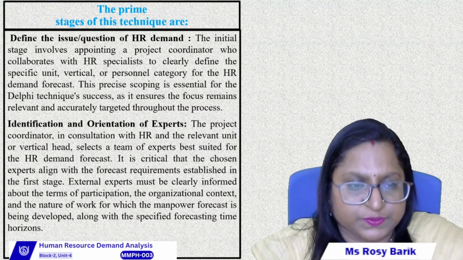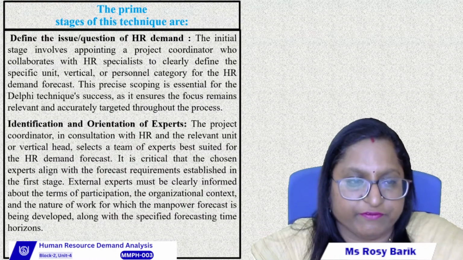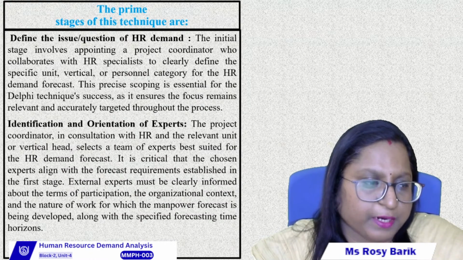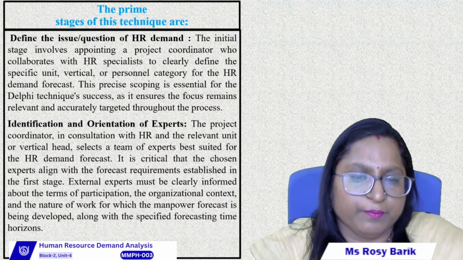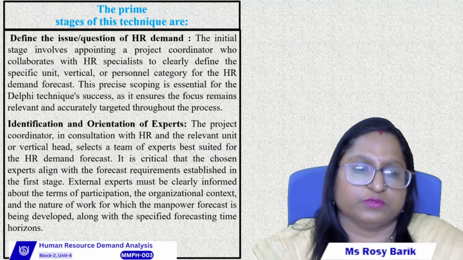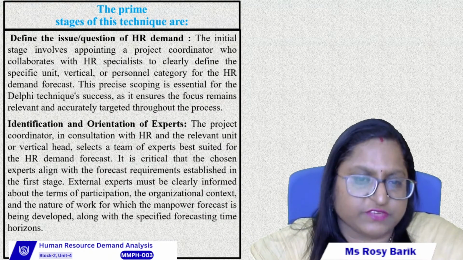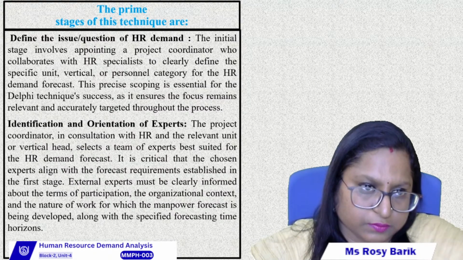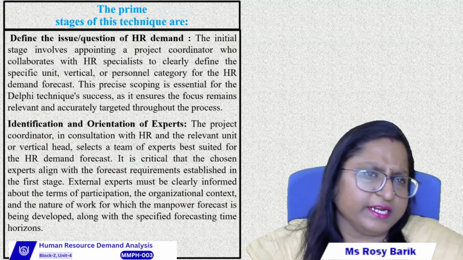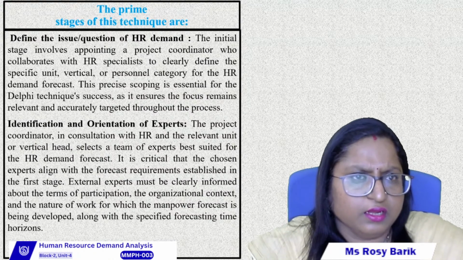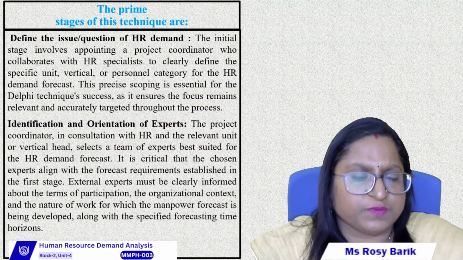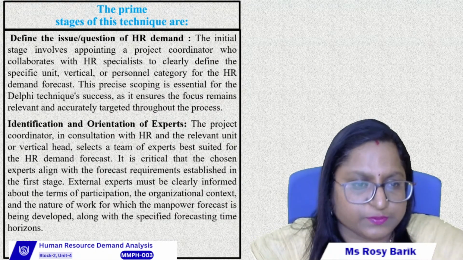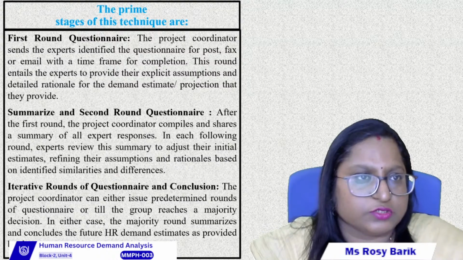The external experts must be clearly informed about the terms of participation, the organizational context, and the nature of work for which the manpower forecast is being developed, along with the specified forecasting time horizon. That means all are interrelated. The project coordinator should collaborate with the HR specialist, and only then can they find the expert team.